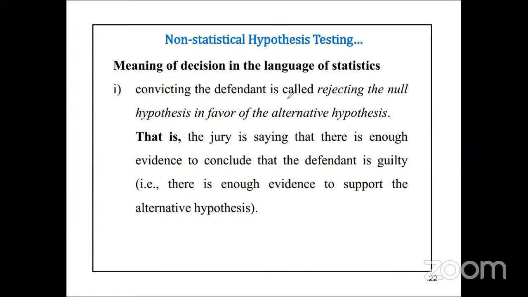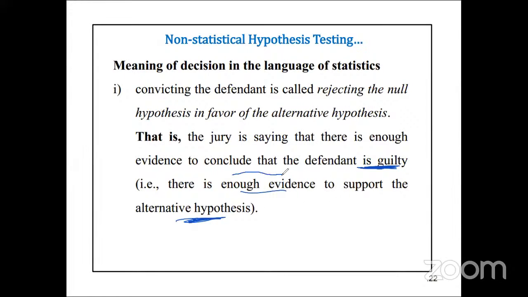Convicting the defendant is called rejecting the null hypothesis in favor of the alternative hypothesis. See what it means: when the decision is given, the jury is saying that there is enough evidence to conclude that the defendant is guilty. So evidence is enough to support the alternative hypothesis. This is the meaning of that.